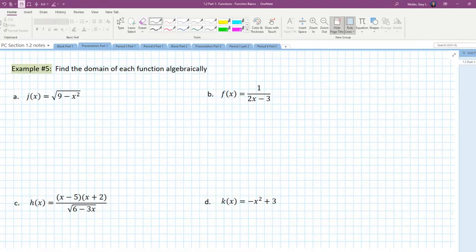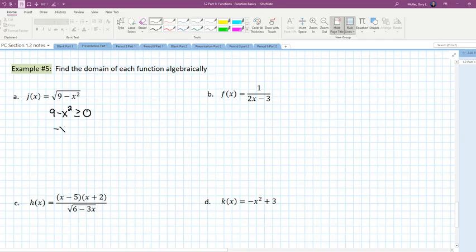All right, so here we are in part A. Don't have to know what this graph looks like. I know that the problem is going to happen if I try to take the square root of a negative number. And so all I have to do is ask the math a question. Hey, math, when are you going to be greater than or equal to 0? And now I just need to solve this. So I'm going to subtract 9 on both sides. I'm not going to show it.